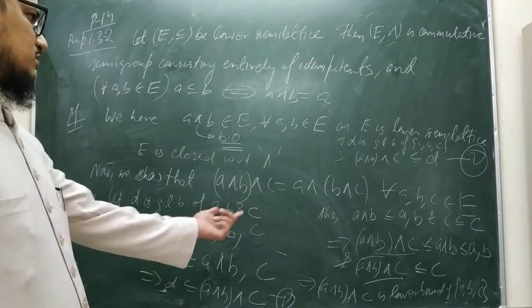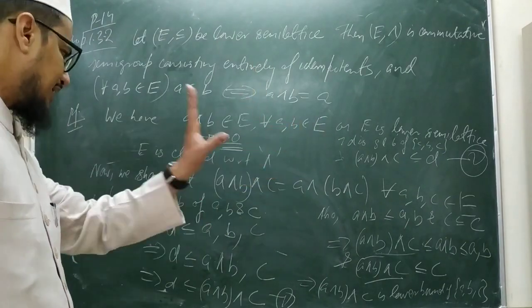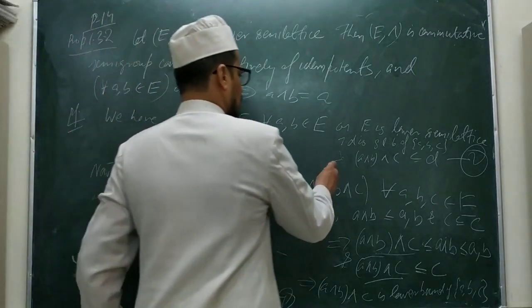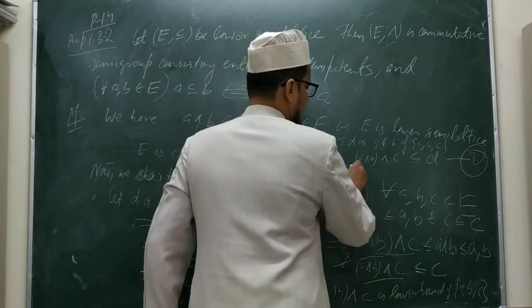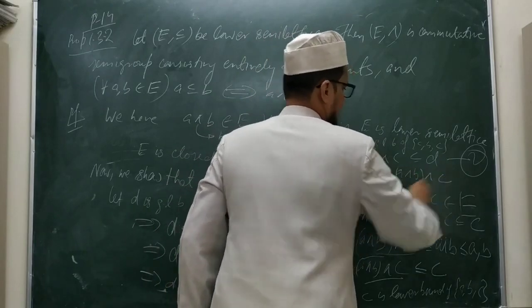D less than or equal to this, and A meet B meet C less than or equal to D. What 1 and 2 implies in a partially ordered set? Of course, 1 and 2 implies that D is equal to A meet B meet C. Correct?